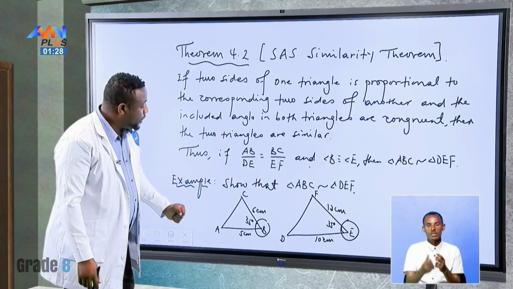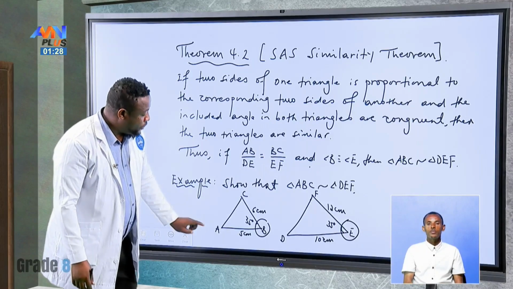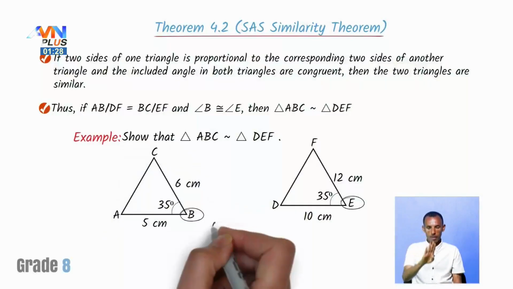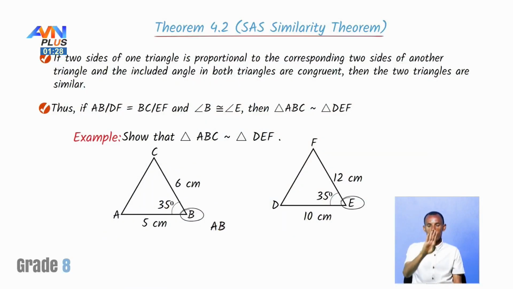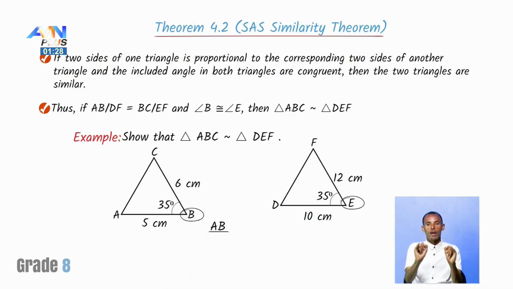The other condition is the ratio of AB. Okay, if these two are similar, AB over DE is the same as BC over EF, okay?